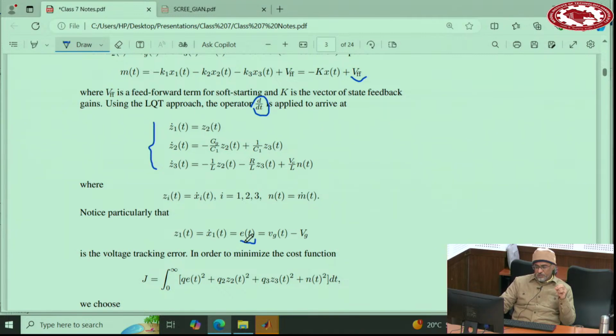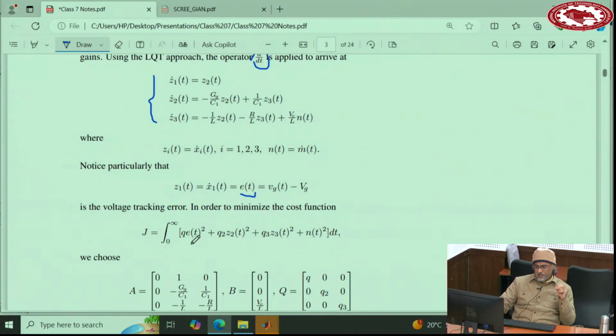So the cost function that we can minimize is Q1 times the square of the error, Q2 times the square of Z2, Q3 times the square of Z3, and N squared. N is the derivative of the modulation index, Z2 is the derivative of the voltage, and Z3 is the derivative of the current.